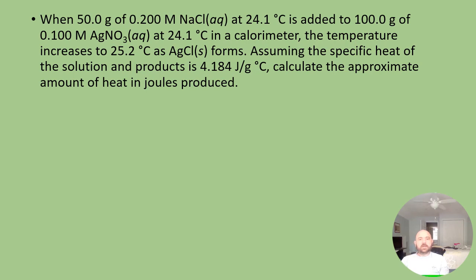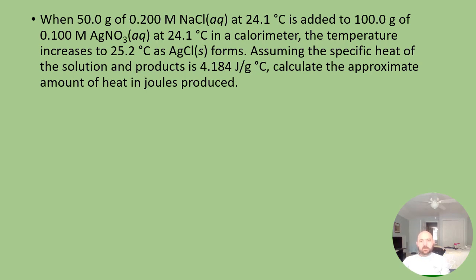Here is another reaction calorimetry example. When 50 grams of 0.2 molar sodium chloride at 24.1 degrees Celsius is added to 100 grams of 0.1 molar AgNO3, silver nitrate, at 24.1 degrees Celsius, also in a calorimeter, the temperature of the solution increases to 25.2 degrees Celsius as AgCl, silver chloride solid, forms.